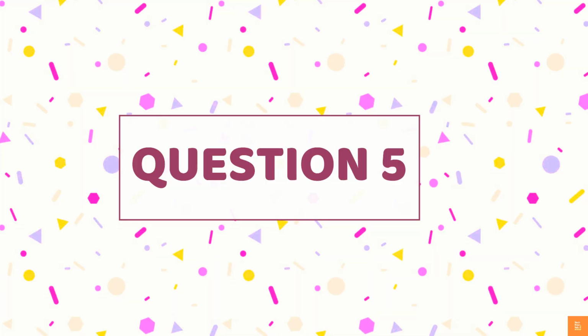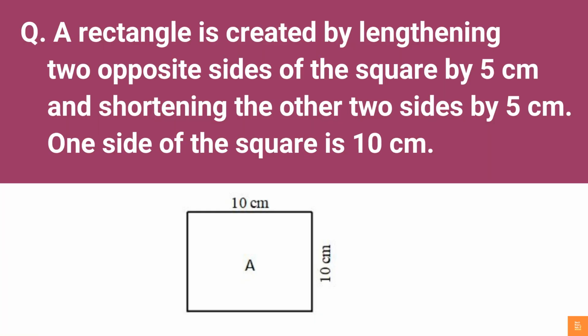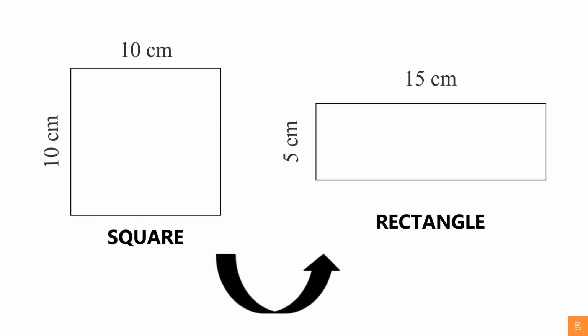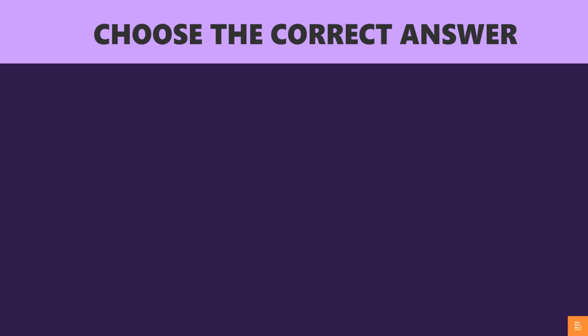Question number 5. A rectangle is created by lengthening two opposite sides of the square by 5 cm and shortening the other two sides by 5 cm. One side of the square is 10 centimeter. Choose the correct answer.